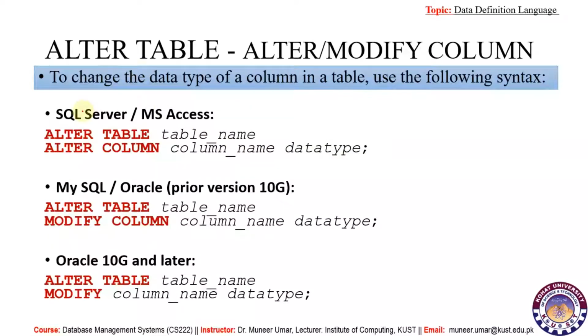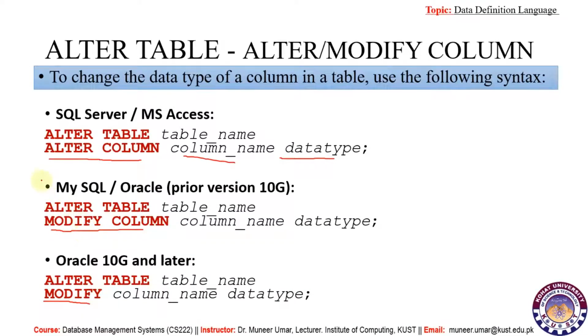So for SQL Server or MS Access, we use alter column and then the column name and its data type. For MySQL or older versions of Oracle, we must type modify column instead of alter column, and for Oracle 10G or later, we must type only modify.